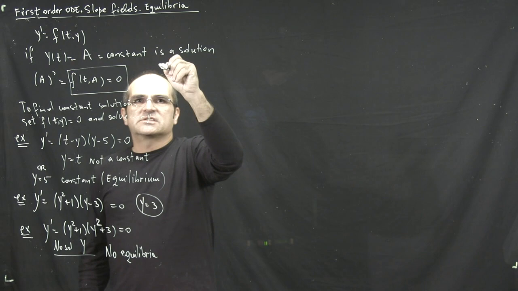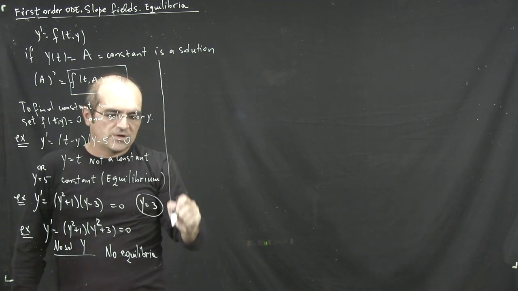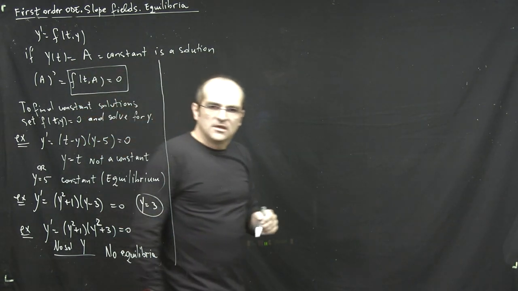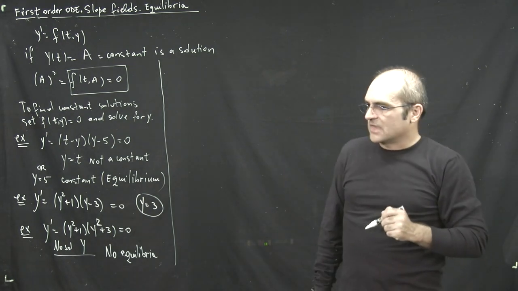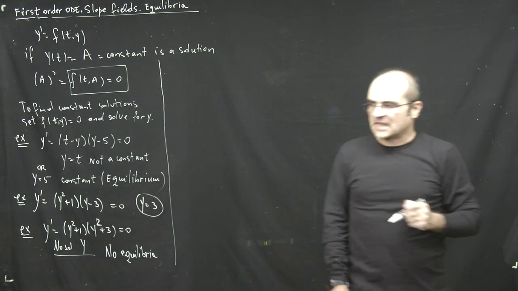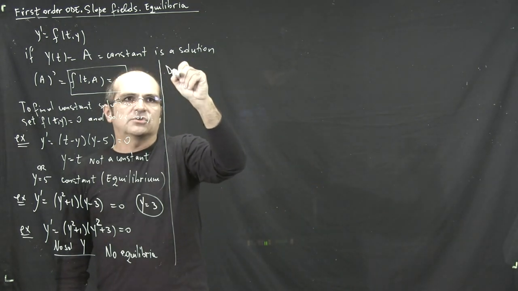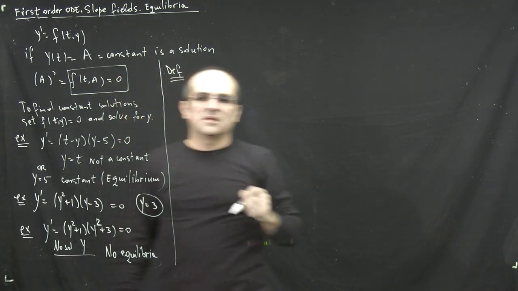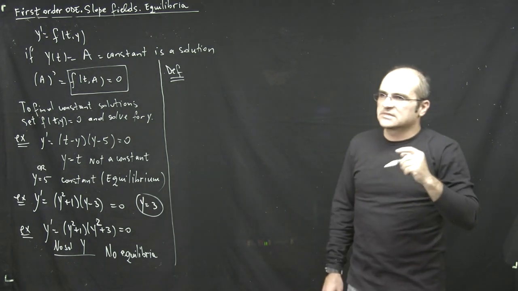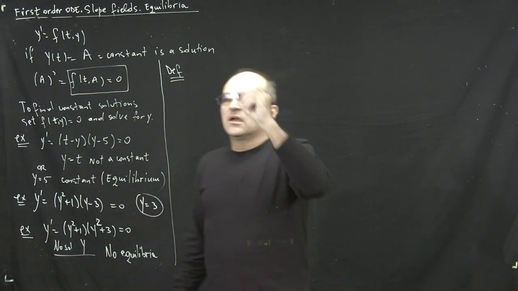So, as I mentioned just now, one important thing to ask is whether these constant solutions or equilibrium points are stable or not. So let's write down a definition here, which we'll get back to even when we study systems later.